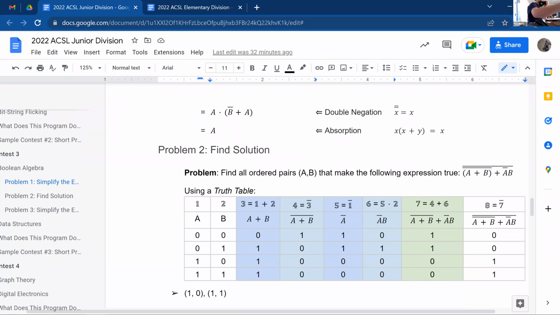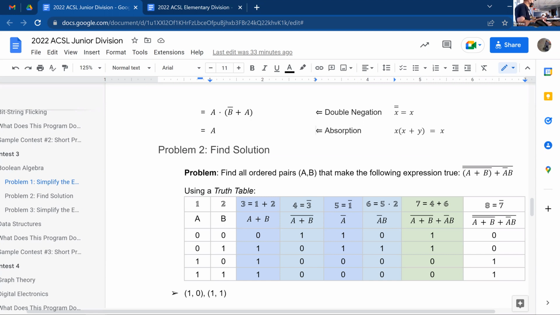The way you do it is you put those pairs into this expression. Then 0 or 0 is 0. Not 0 and 0 is 0, because AND means both have to be 1 for it to be 1.